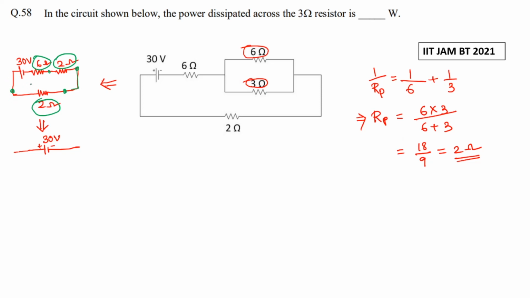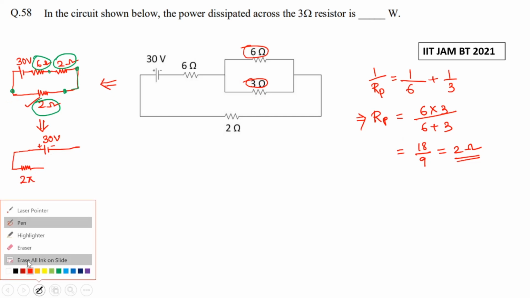This 30 volt battery, 6 ohm resistor, 2 ohm resistor and 2 ohm resistor, these four parts are connected in series. So let us draw this circuit in this way. Here is the 30 volt battery, and then we have this 2 ohm resistor.